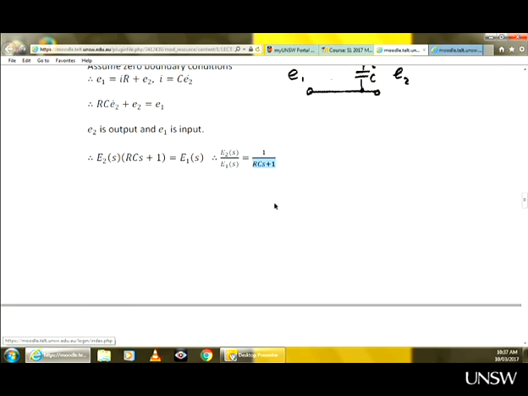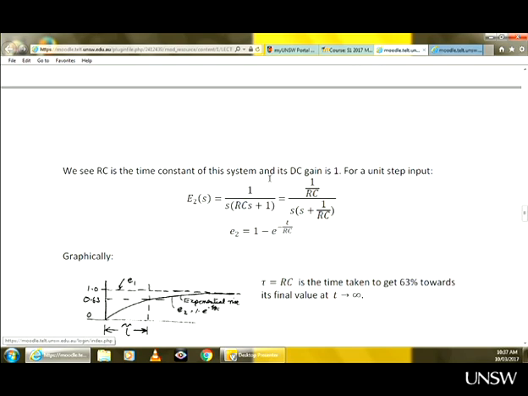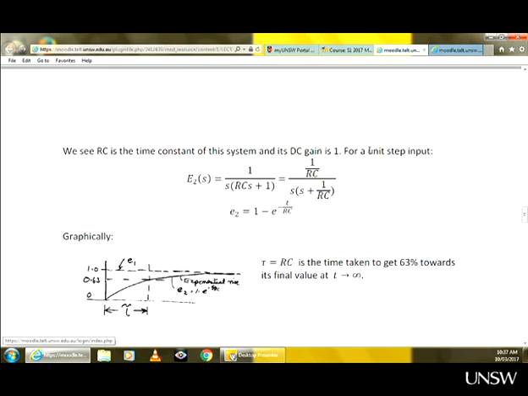Now, let's see if we apply a unit step. If you apply a unit step as the input, then the output becomes the transfer function times 1 over S. We need to normalize if we want to use the tables: divide by RC, the numerator and denominator. Check the tables.